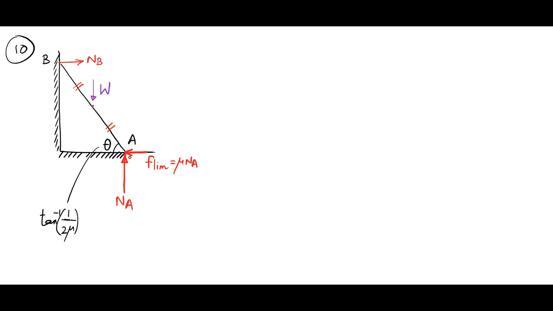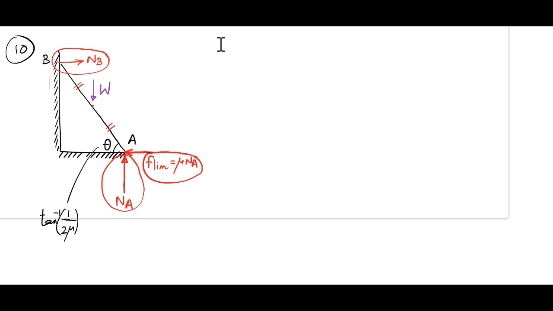W. There's this normal reaction at the bottom. Now limiting equilibrium would mean there's limiting friction acting here. F limiting is equal to mu times NA, and here at this point you have the normal reaction at B, which is NB.